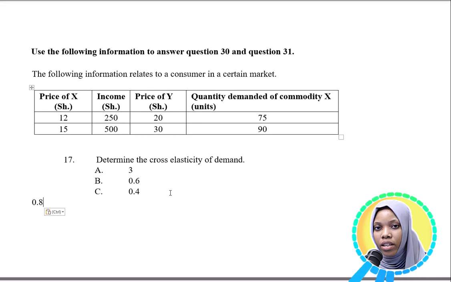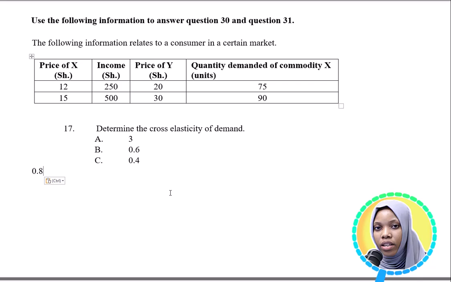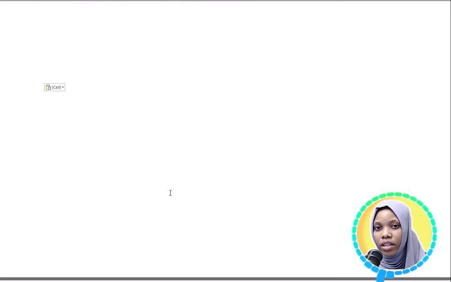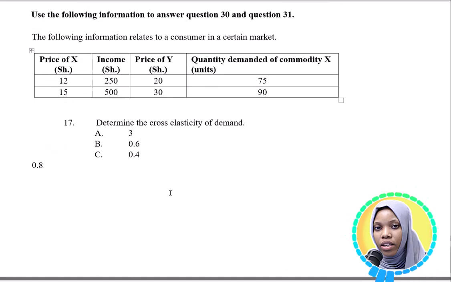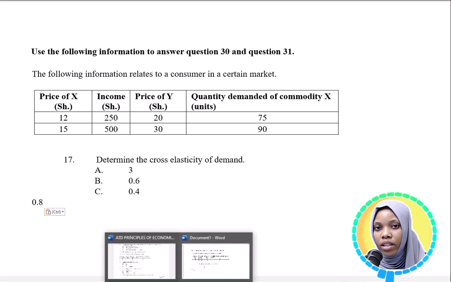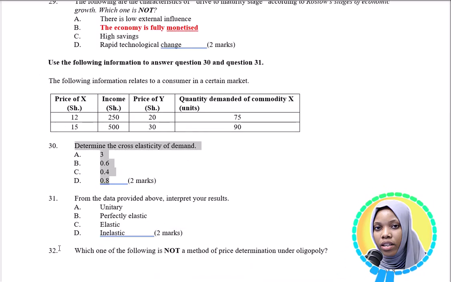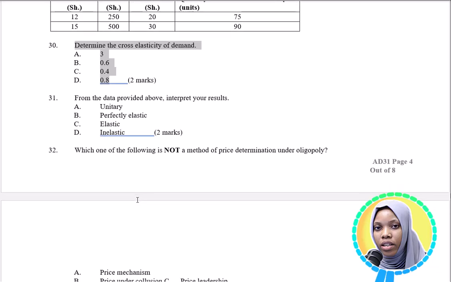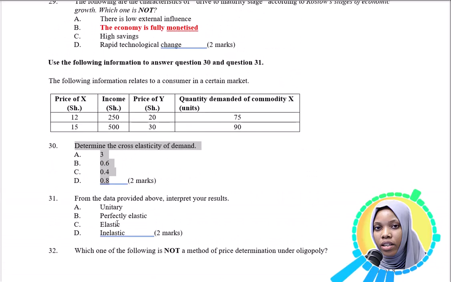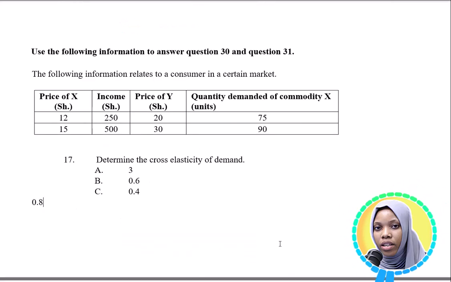It came as question 17, but it's question 30. So let's go to solving it.